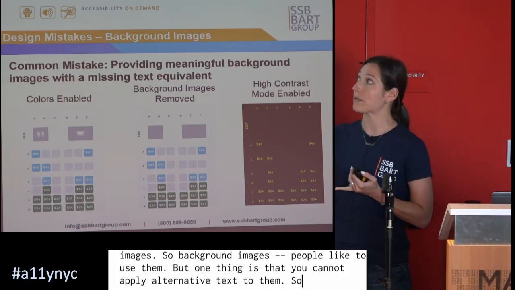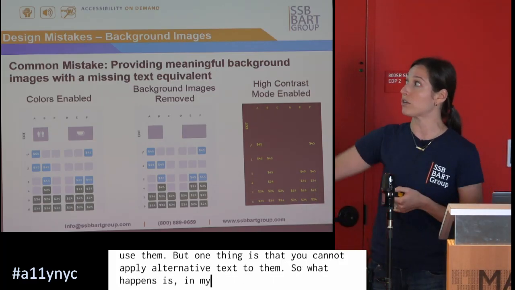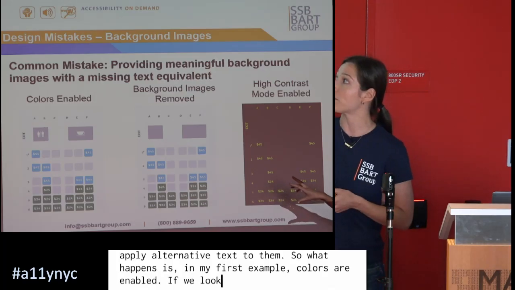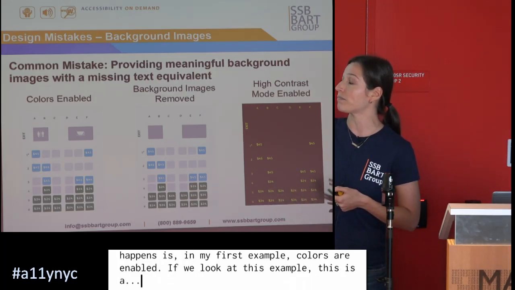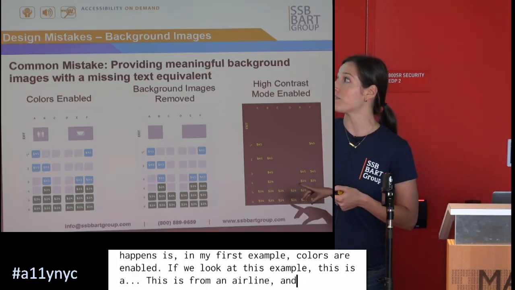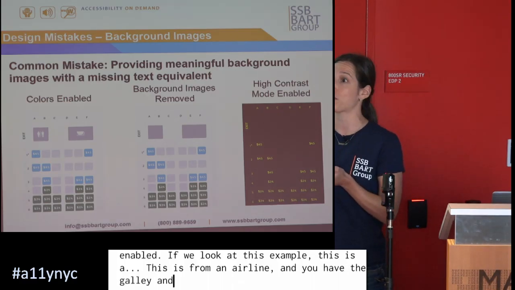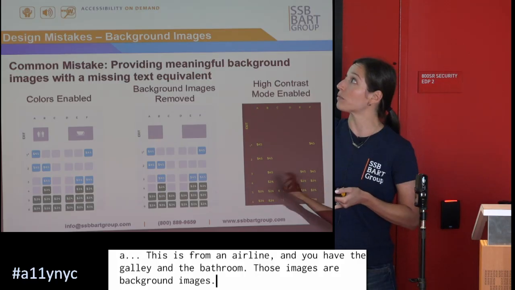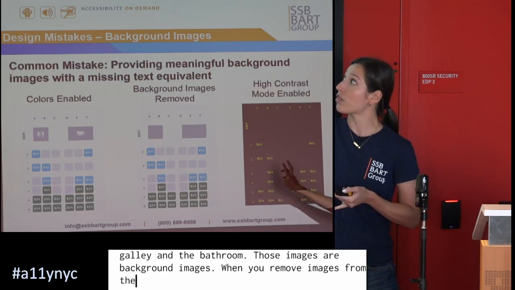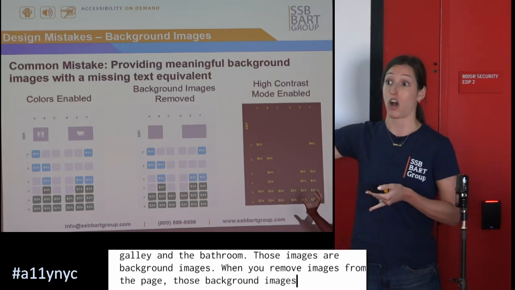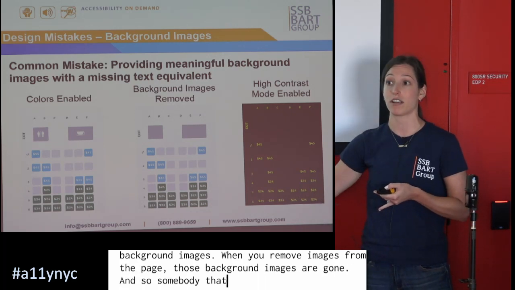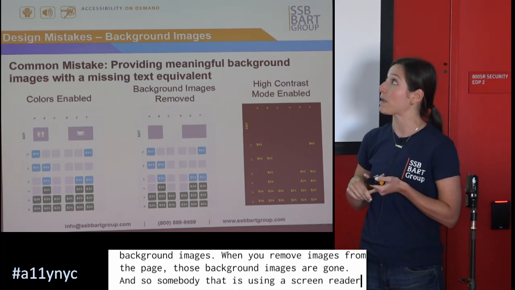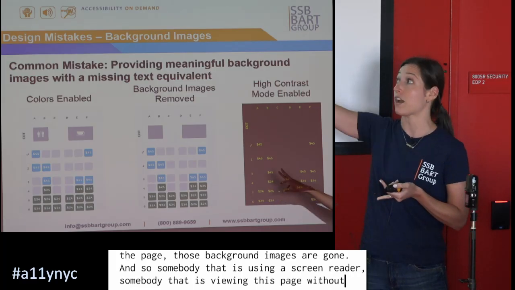So what happens is, in my first example, colors are enabled. If we look at this example, this is from an airline, and you have the galley and the bathroom. Those images are background images. When you remove images from the page, those background images are gone. And so somebody that is using a screen reader, somebody that is viewing this page without images, they may not know what that means.